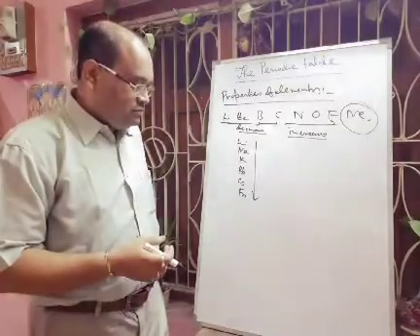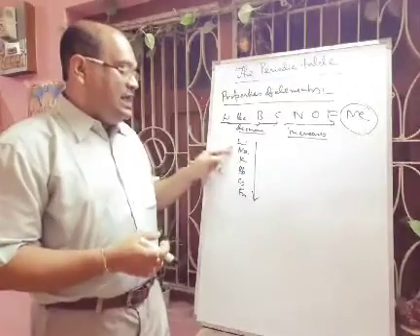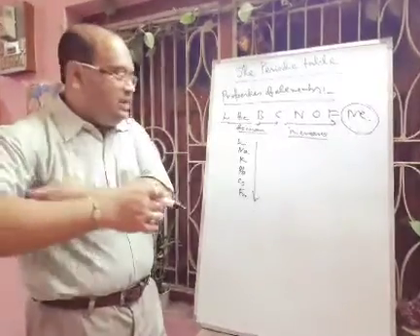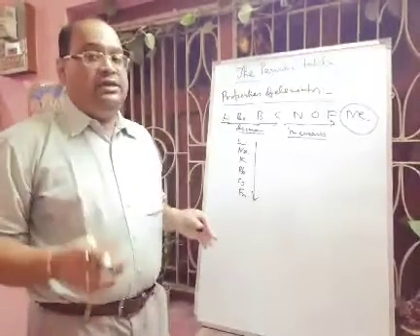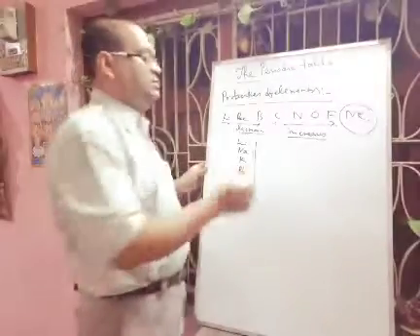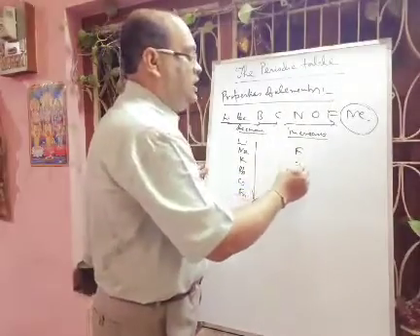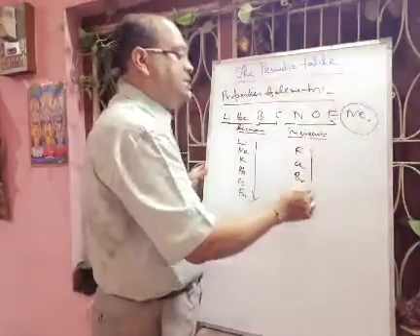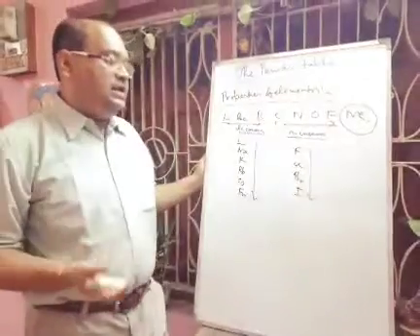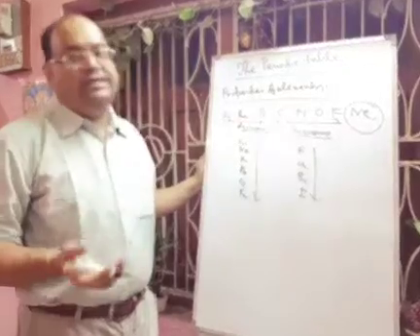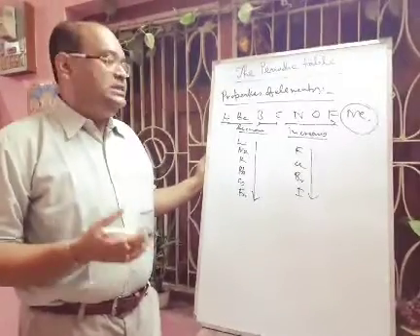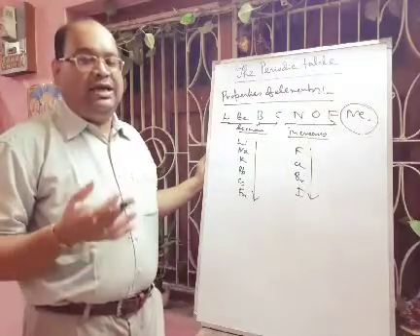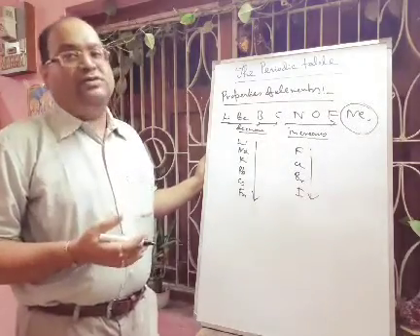That is why their reactivity is continuously increasing. Understand what I am telling? But if you consider the halogens like fluorine, chlorine, bromine, iodine, as their electronegativity decreases, definitely their reactivity also decreases. So these are the variations of the properties of elements in a group as well as in a period.